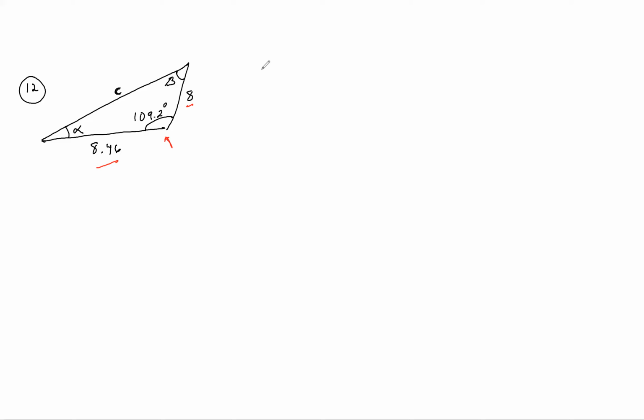C squared is equal to A squared plus B squared minus 2 times AB cosine of the capital C. Which one is C squared? We don't know. So I know this one is A because it's opposite to alpha, and this one is B because it's opposite of beta.